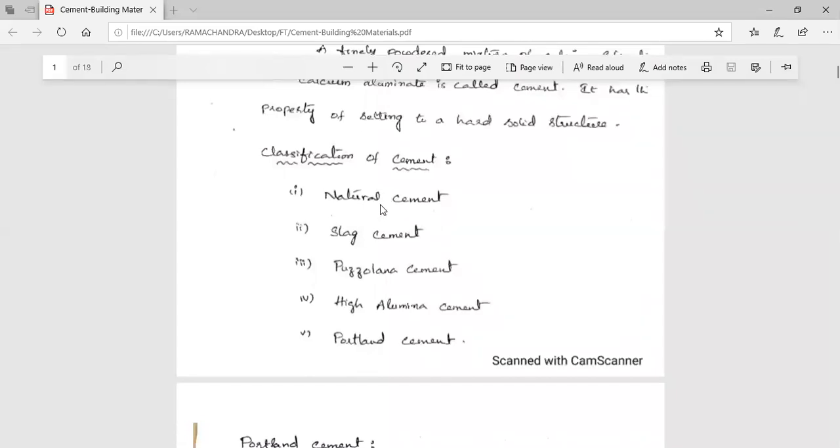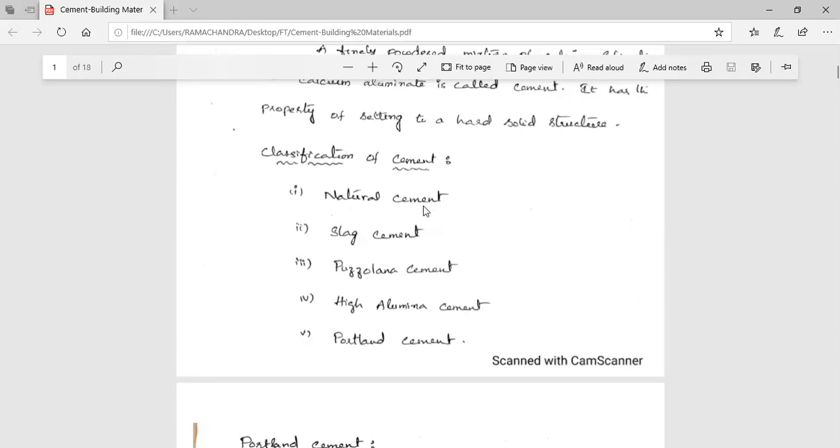One is natural cement, second slag cement, third Pozzolana cement, fourth high alumina cement, and fifth Portland cement. So let's see the first one, natural cement.